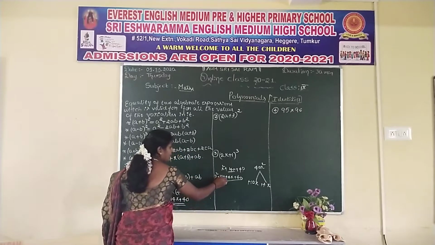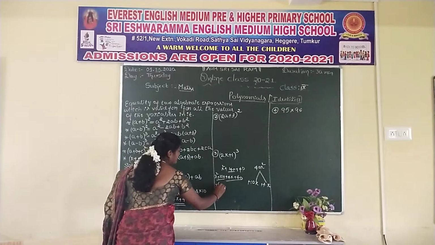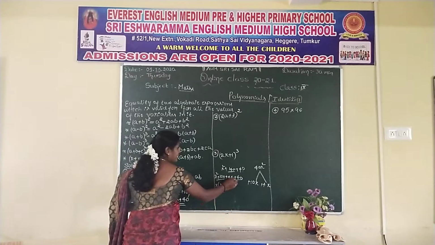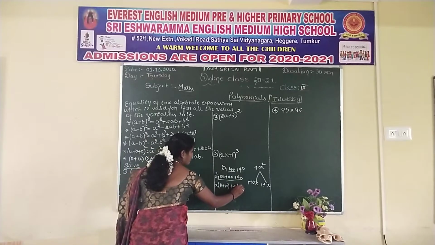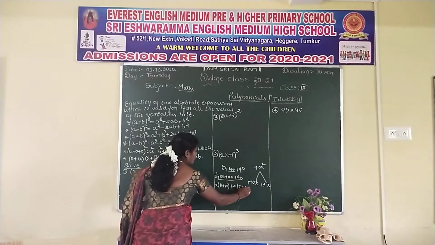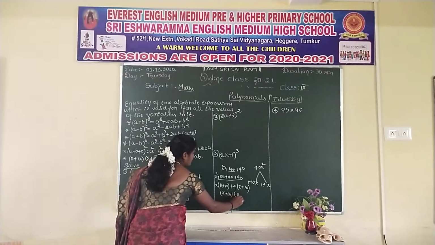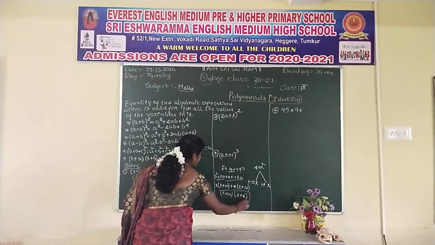So x² + 10x, x is common, the remaining thing is plus 10. Now 4x + 40, you take 4 as common. 4 tens are 40. Now (x + 10) is common, so the remaining thing is x + 4.